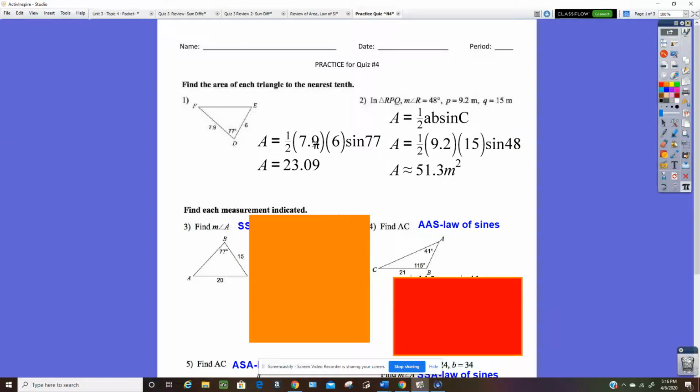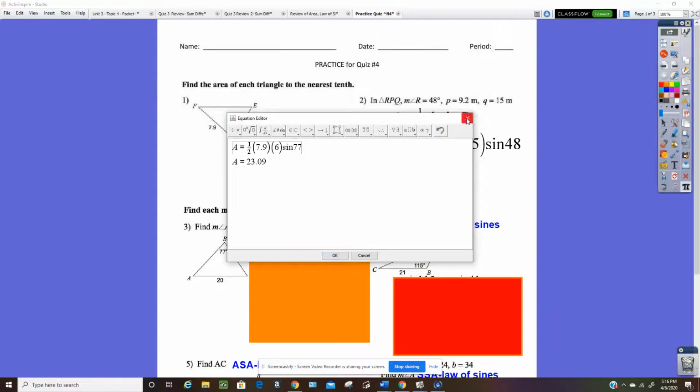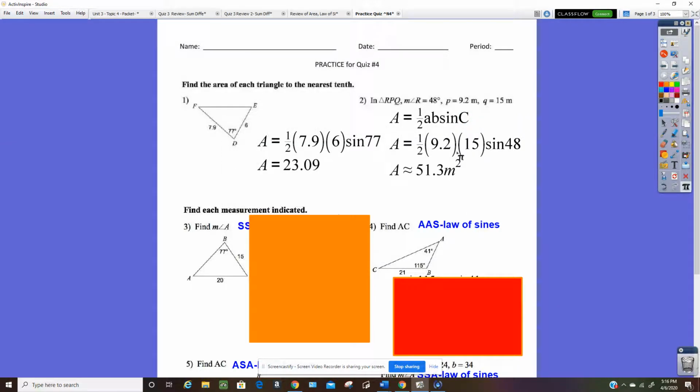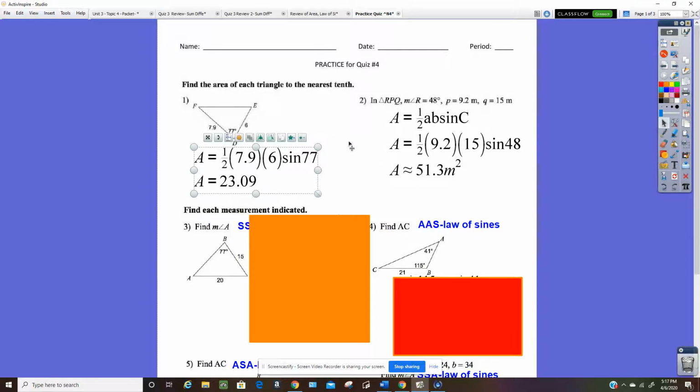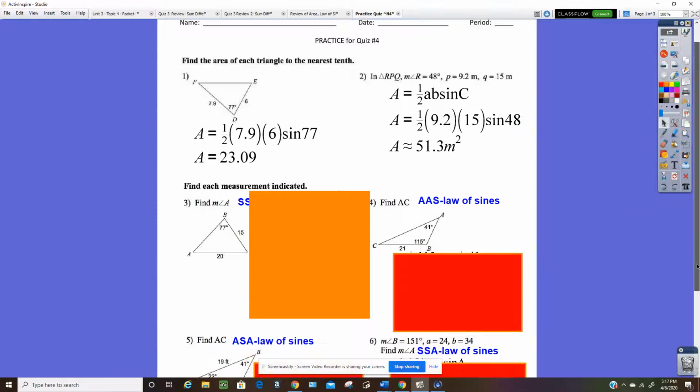If I go back here, there are no units given, so I'm just going to leave it like that. Letter B, 1/2 AB sine of C is 1/2 times 9.2 times 15 sine of 48. You get 51.3 square meters.